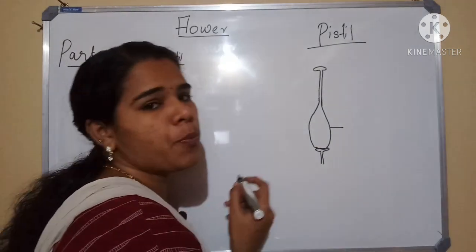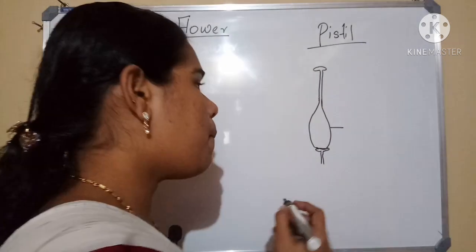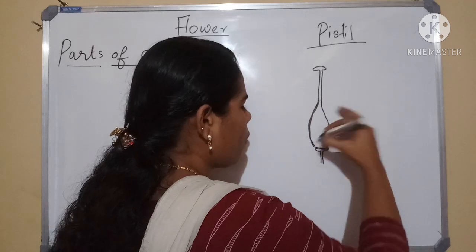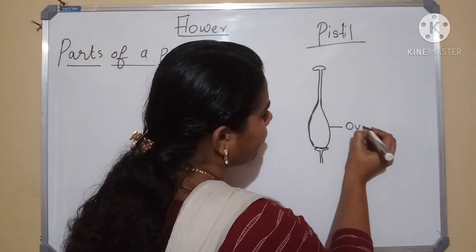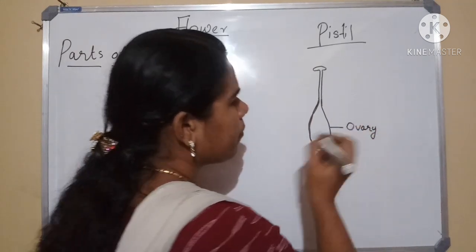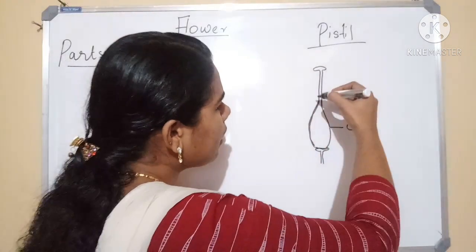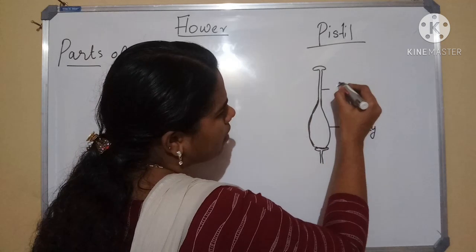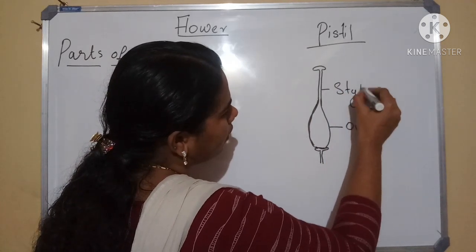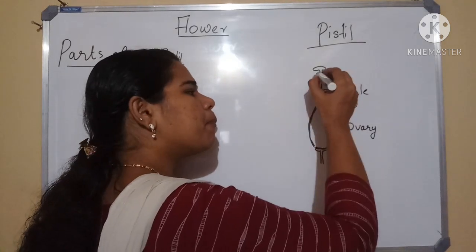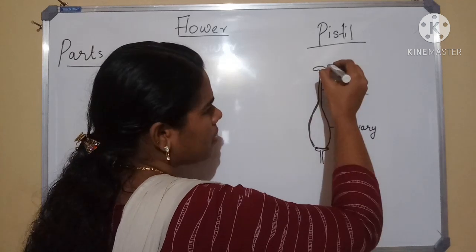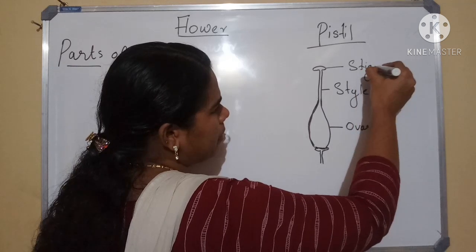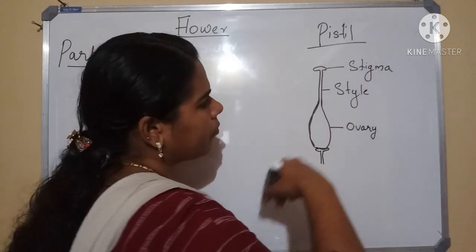The first part is the ovary, the basal bulged portion. A long, narrow tube-like structure is called the style, and the tip of the pistil is called the stigma.